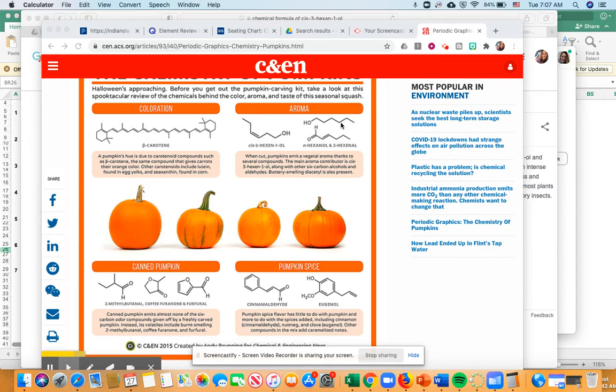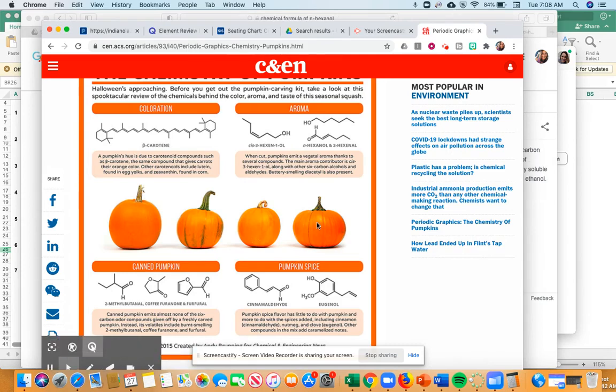So 1, 2, 3, 4, 5, 6. So we're looking at C6. Now our H's, notice we don't have a double bond here, so we'll have 14 because we don't have that double bond.